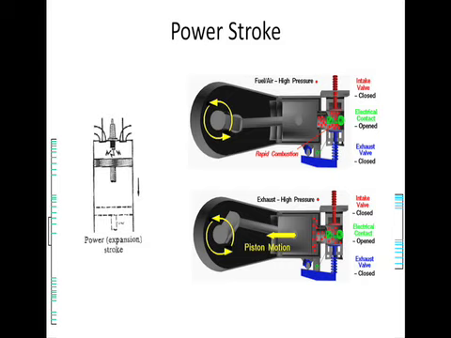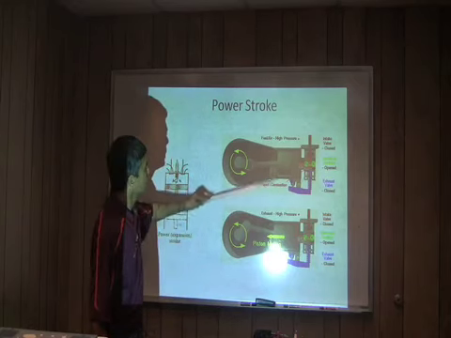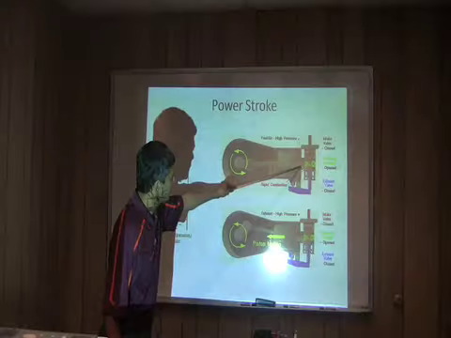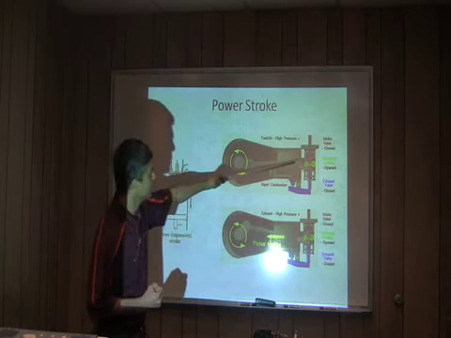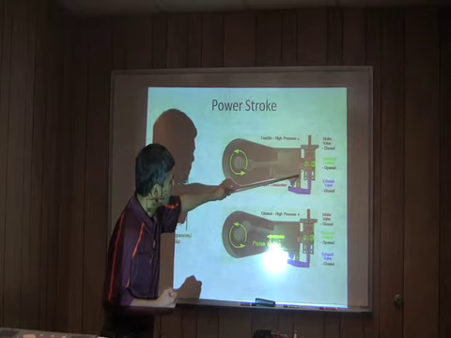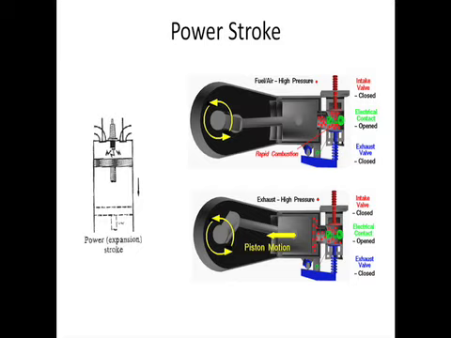Then we have the power stroke, where everything is now at a very high pressure. The fuel is ignited with the spark plug, which causes a huge energy increase inside and causes the piston, which is at the top dead center, to push back, basically rotating the shaft, and it causes the piston motion to come back up.